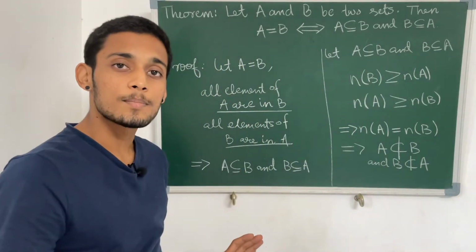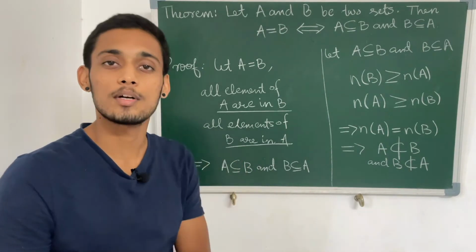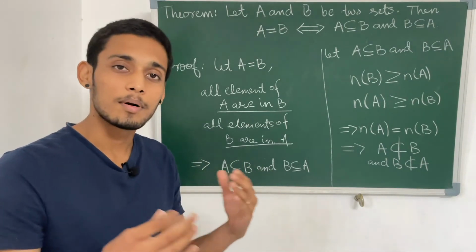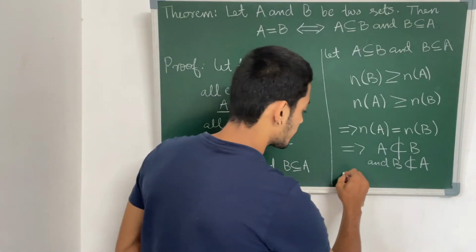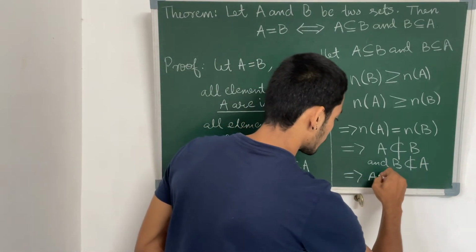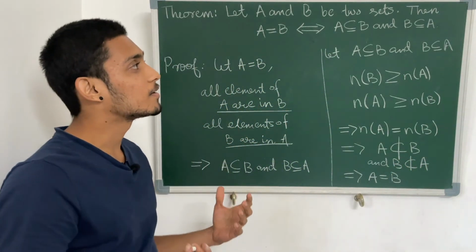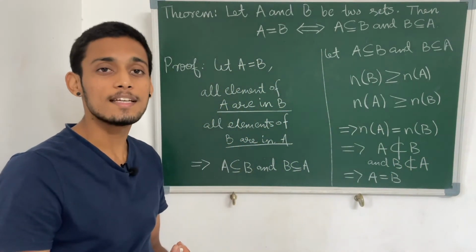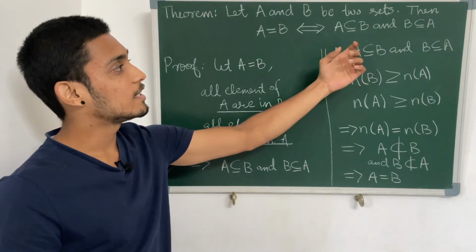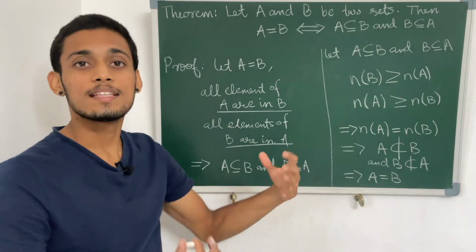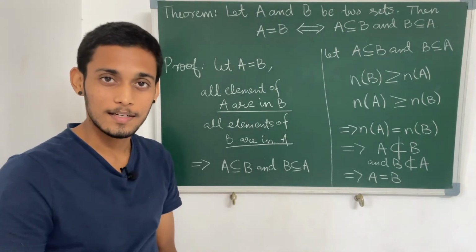If they are not proper subsets, it basically means A is equal to B and B is equal to A, but both are the same. So with that we have completed a very important result of set theory. If A is contained in B and B is contained in A, then the sets A and B are equal. Thank you.